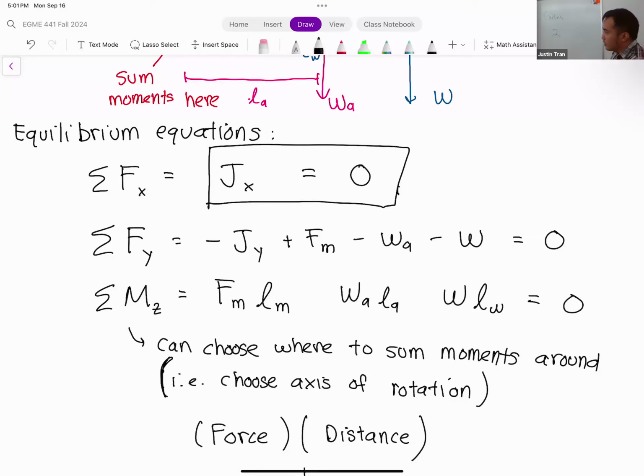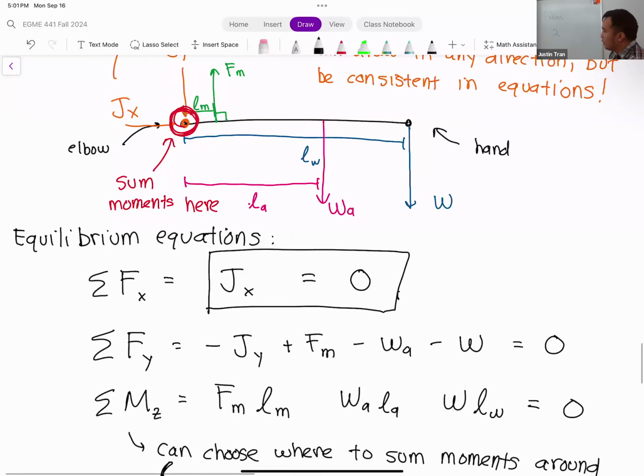And so, of course, from this equation, I've omitted the signs, because the signs that you choose for these moment contributions are going to be really important. This is just the way that I've been taught. The way that I do signs for moment equations is that if the moment would cause a clockwise rotation around the axis of rotation, then I usually give that a negative sign.